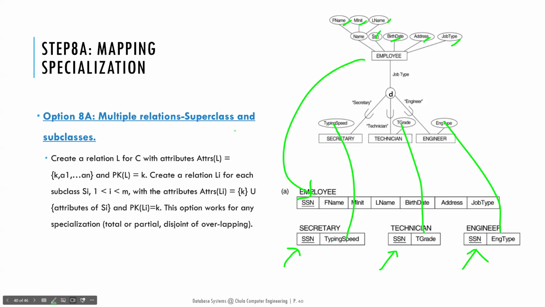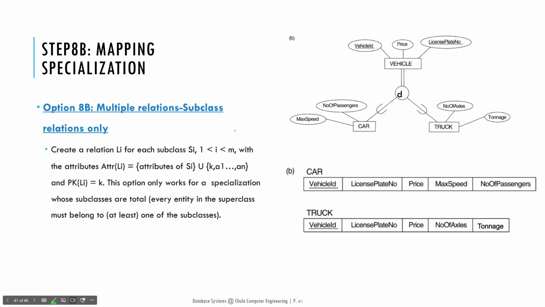What it means is that you maintain your superclass, you maintain your subclass. But by doing so, your subclass will have to include the superclass key. And that's it. All right, this is option 8A. Now, option 8B is called multiple relation subclass relations only.